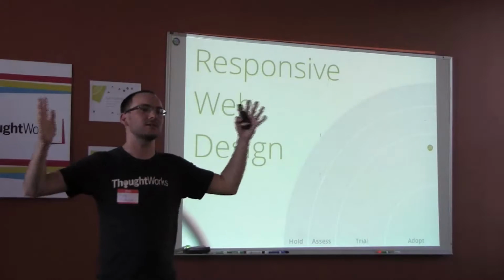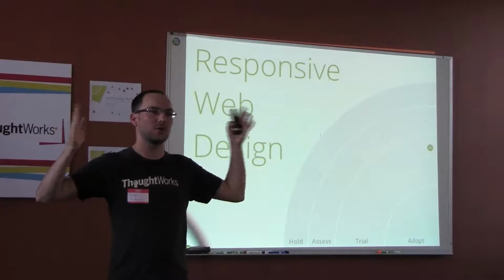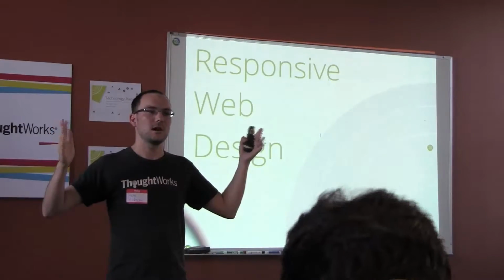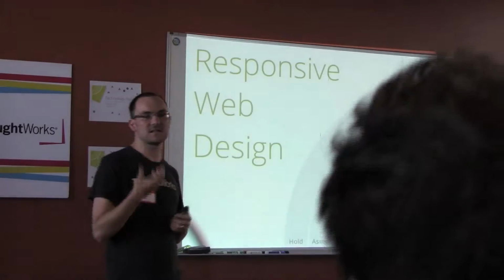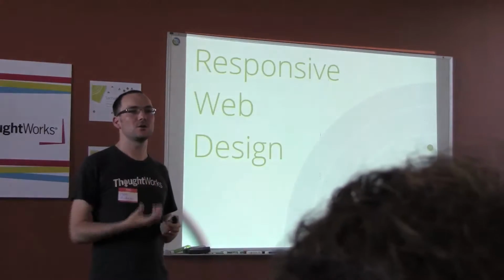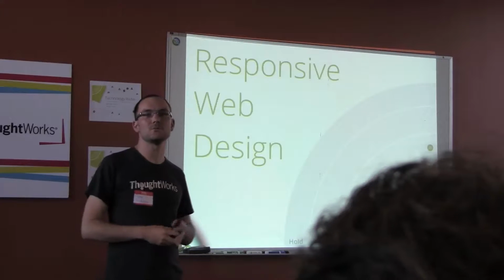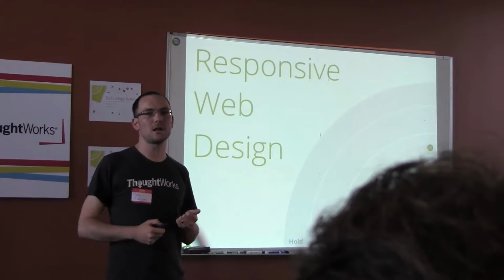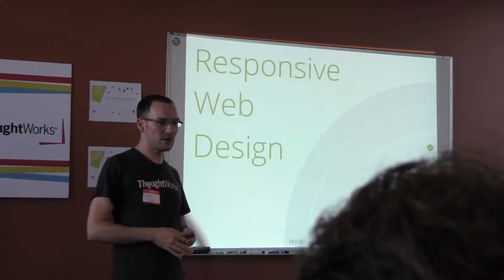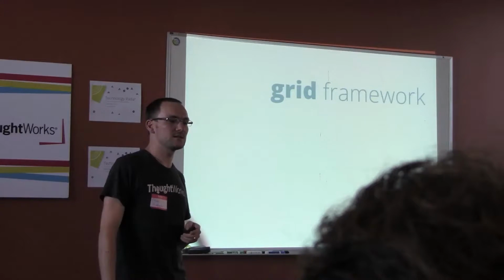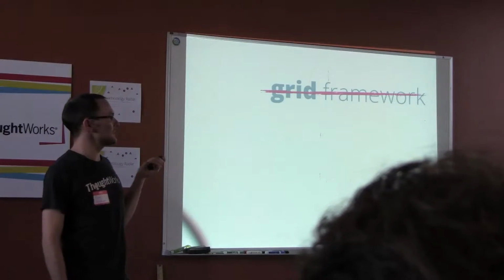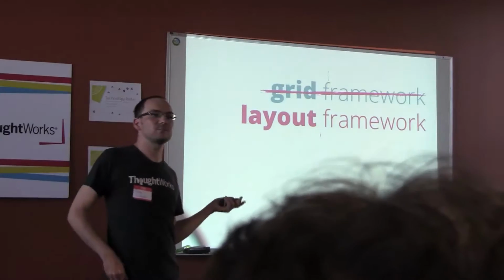So it's the idea of you visit a page on your desktop browser and it looks a certain way, and if you visit the exact same page, exact same HTML on your phone, the stuff has been reorganized to be more useful for that context that you're using it in. So this is getting very, very popular. One of the things it leads to is grid frameworks tend to be replaced by layout frameworks.